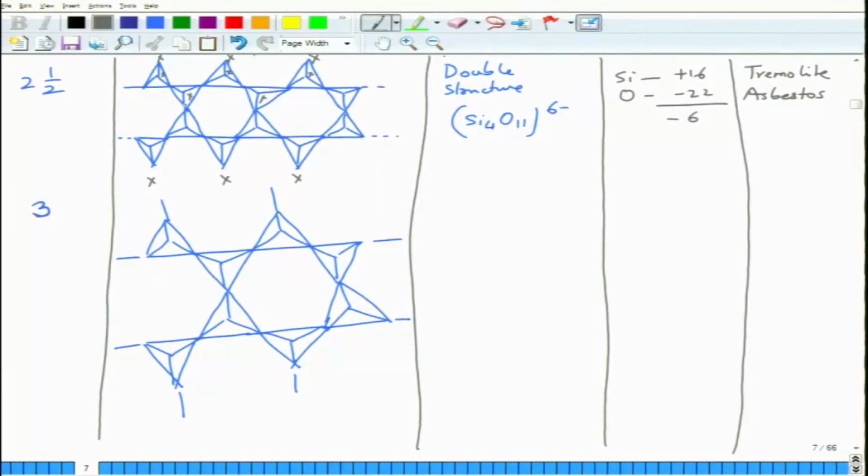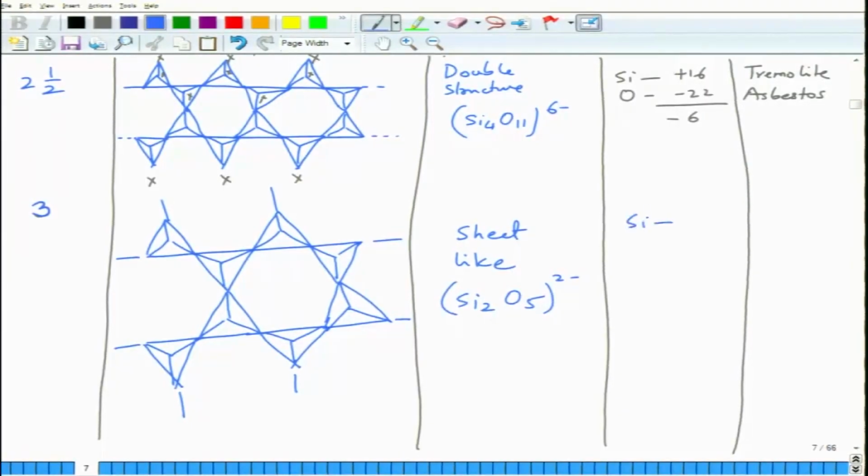Here only the top bond is missing, the XY pairings are there, and this is basically a sheet-like structure. It is Si2O5 and this will be 2 minus.